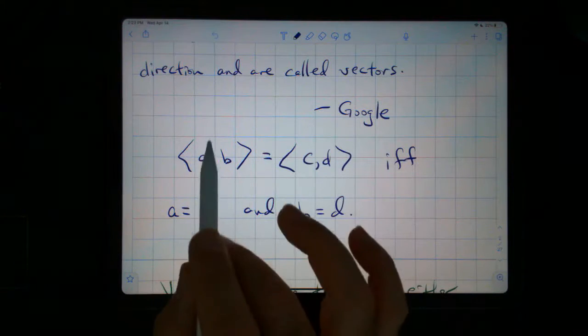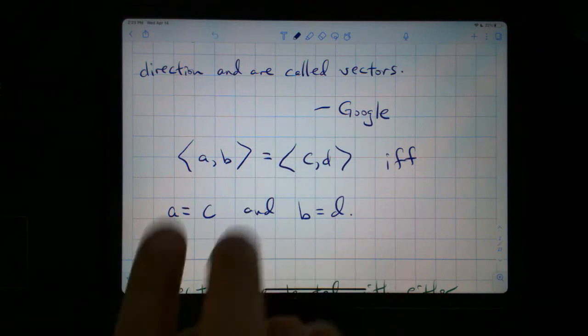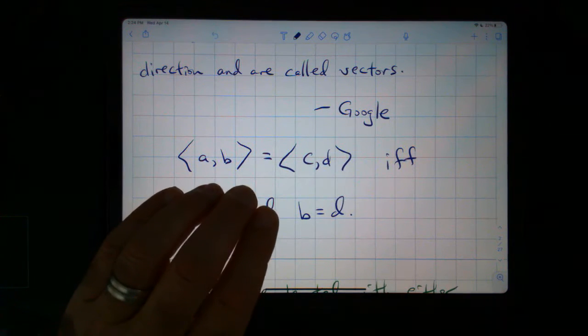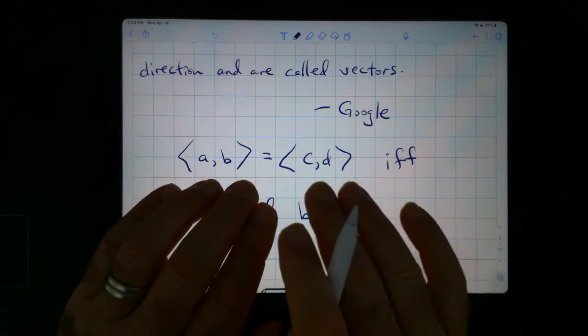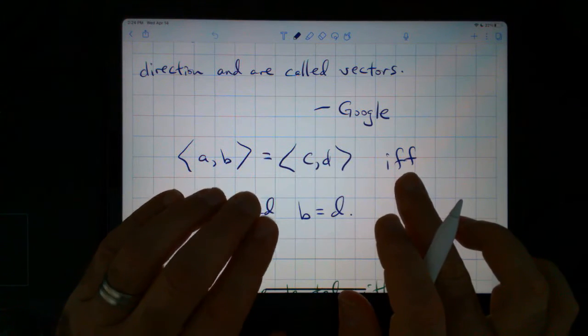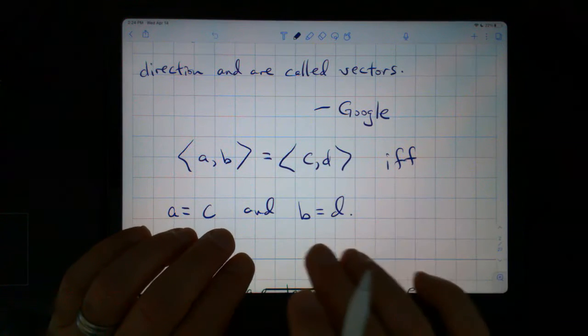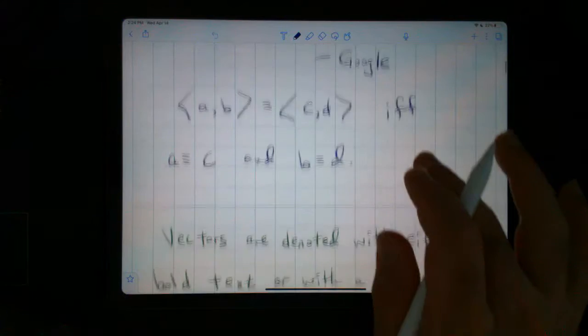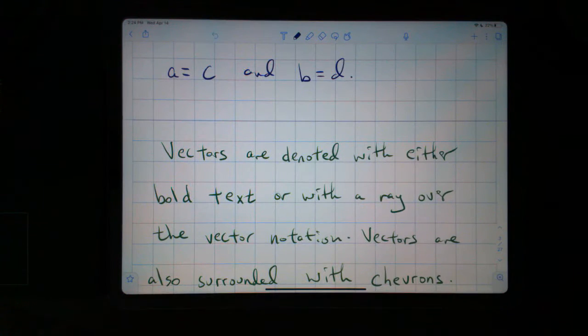Now, the vector notation is done with these chevrons on both sides. So this vector AB is equal to this vector CD if and only if A is equal to C and B is equal to D. We have a lot of terminology here.